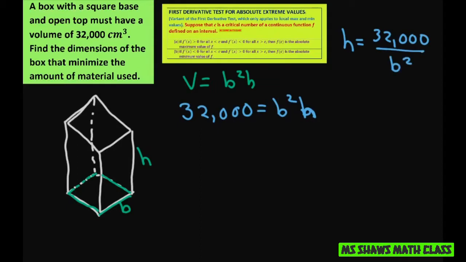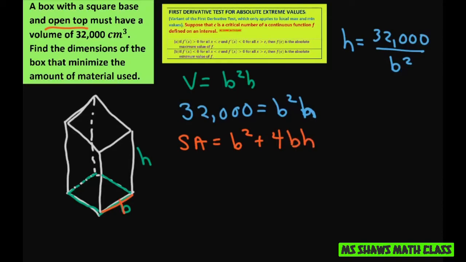Now, we're trying to find the surface area, so the surface area equals, and we just have this one base because it's an open top. So that's just going to be base squared plus 4 times base times height.